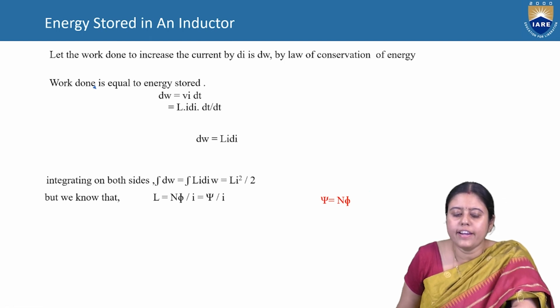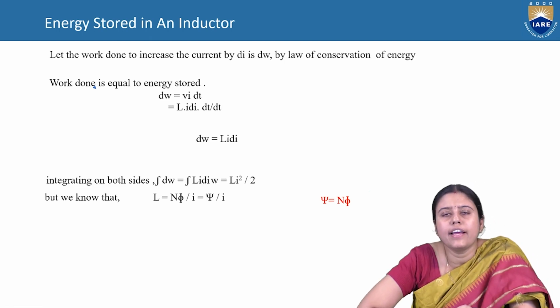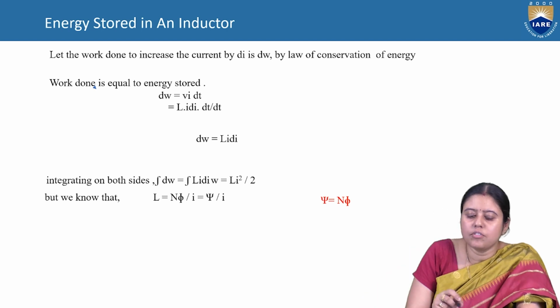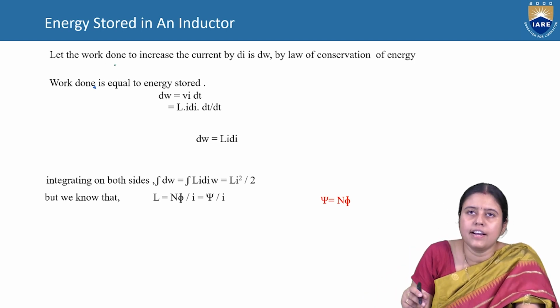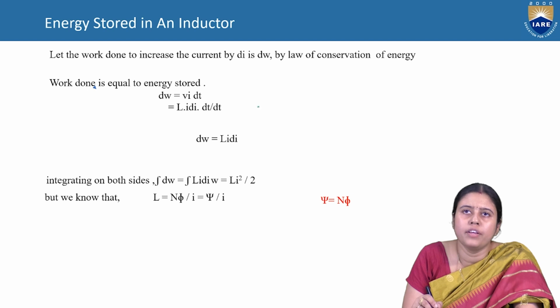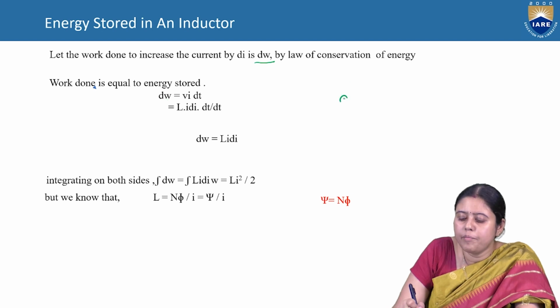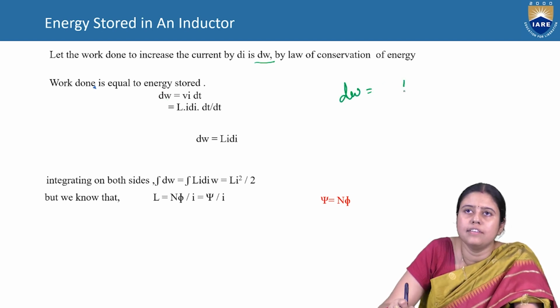Energy stored in an inductor. A capacitor and an inductor are both known for storing energy. Let there be an inductor in which current di is flowing, and as a result there is work done dw. What is dw? dw is the energy, and we know energy is equal to power into time.